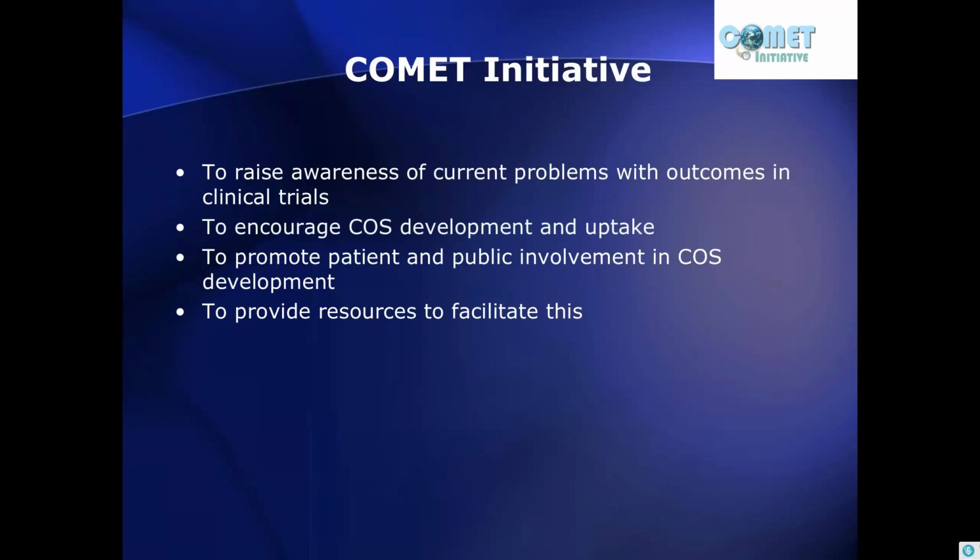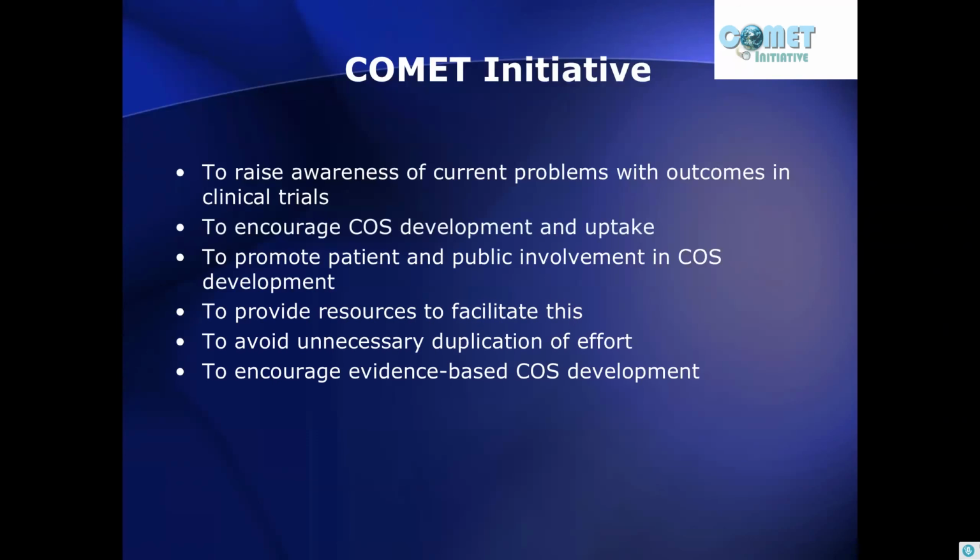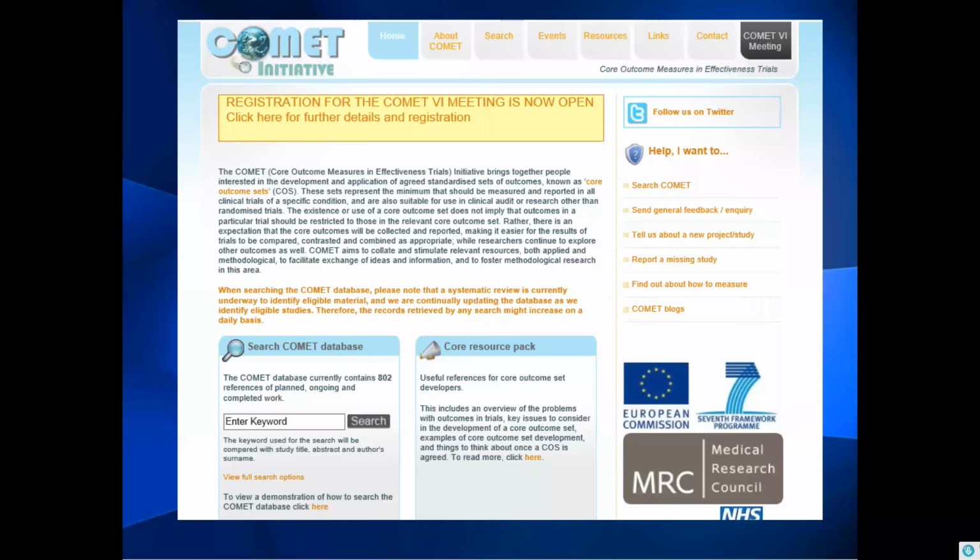We'll come on to what those resources are in a moment, to avoid unnecessary duplication of effort, and I'll explain that in a second, and to encourage the evidence base around the methodology for how core outcome sets are developed. So this is the COMET initiative website. So a few things here on this website.